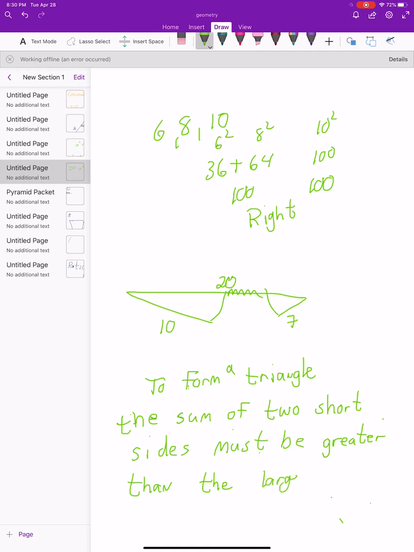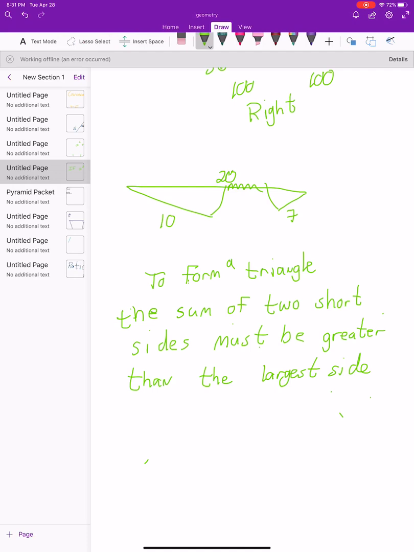So if we were going to put letters on that, then we would say that the A plus the B has to be greater than the C, where A and B are the two short sides. All right, so this is an important idea that we're getting here. To form a triangle, the sum of the two short sides must be greater than the largest side.